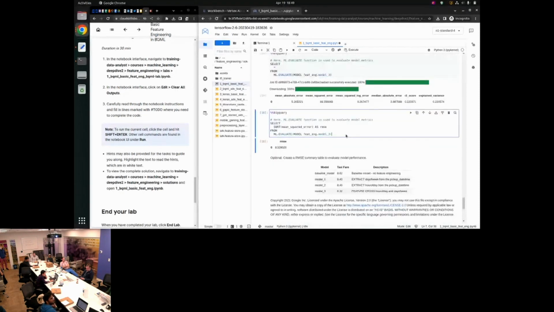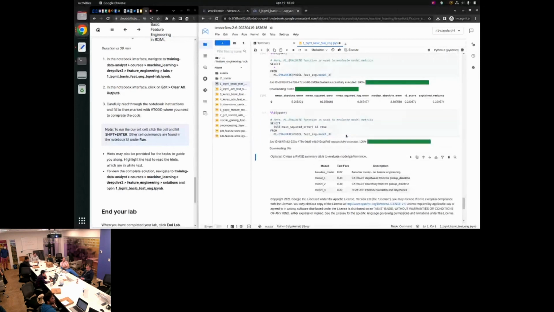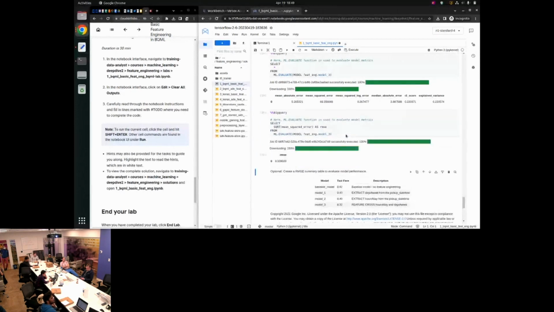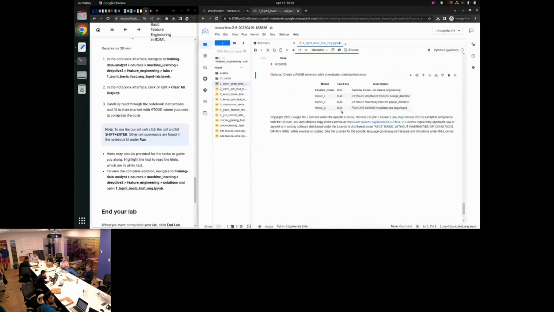So BigQuery ML. If you put everything together, the base model error was 8.62. We were losing some information when we just included the day of the week, and it makes sense because if you are at midnight on a Friday, it really changes.